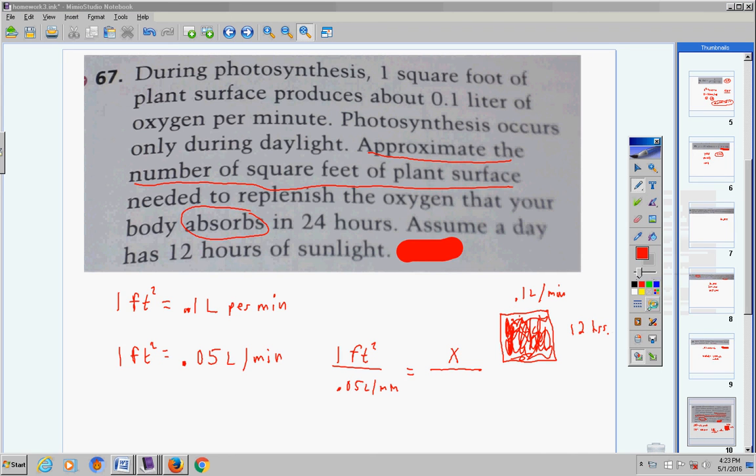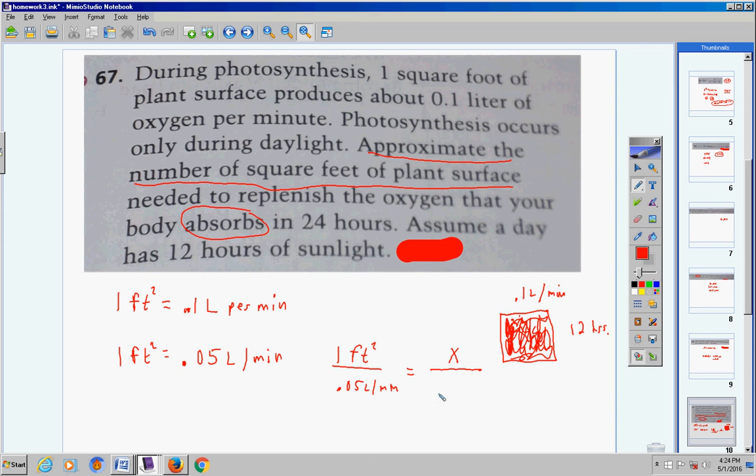Now, students, a lot of you want to take the amount that you absorb, go back to the paragraph above number 64, and it says your body absorbs 0.5 liters per minute. A lot of you want to multiply that by 24, which is fine, but there's really no need to, because we're not multiplying this by 24 either. We're comparing liters per minute with liters per minute.